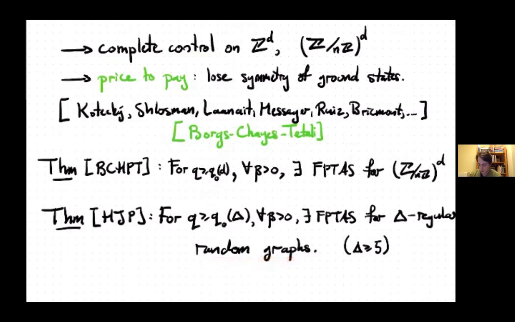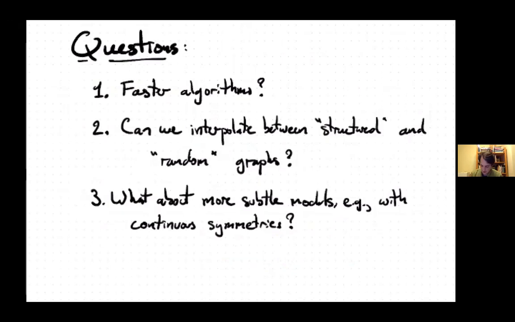So if Q is big enough depending on delta, then for every temperature, there is a fully polynomial time approximation scheme for delta-regular random graphs, at least when delta is at least 5. So also for graphs that look really random, you can devise algorithms for the Potts model at any temperature, at least for big Q.